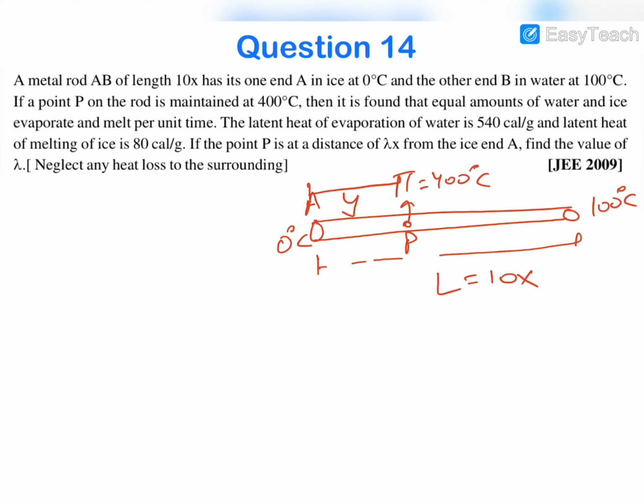So obviously we know that dQ1 by dt, which is I1, and this I2 is dQ2 by dt.